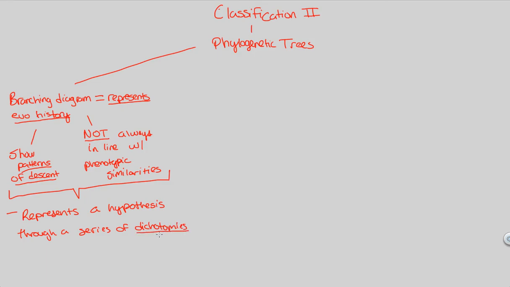And dichotomies is just a fancy word for a series of branching events, a series of splitting offs between different species and organisms that show differing evolutionary history based off of the phylogenetic trees that we draw. So if we have this hypothesis based off of these dichotomies, these branching events, what can this phylogenetic tree truly tell us, and what does it contain, physically speaking, when we look at a phylogenetic tree?